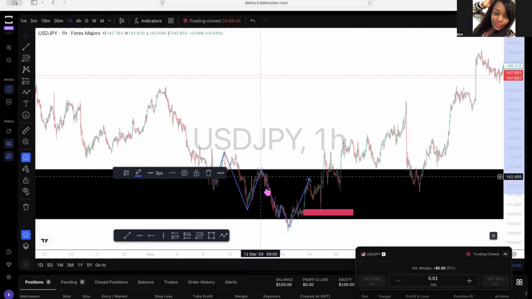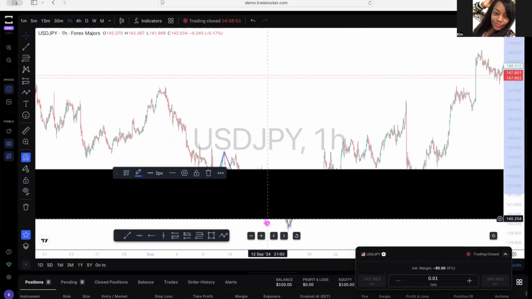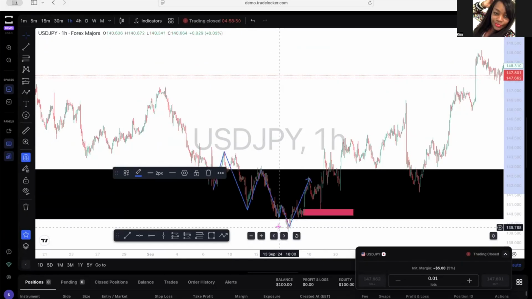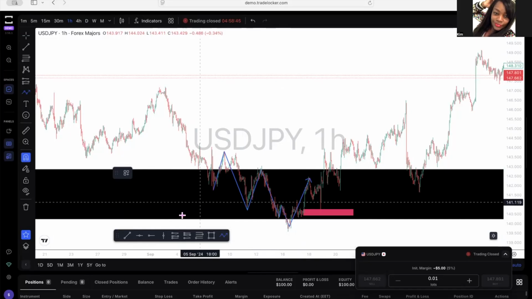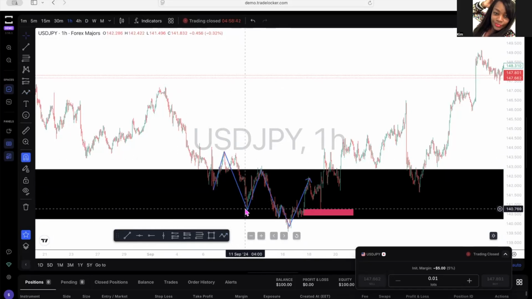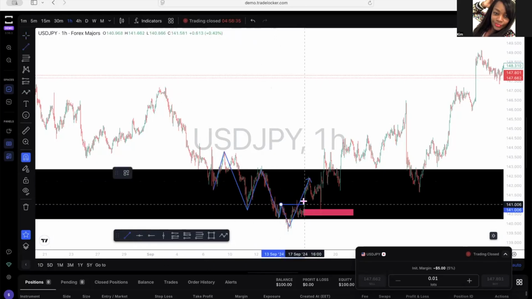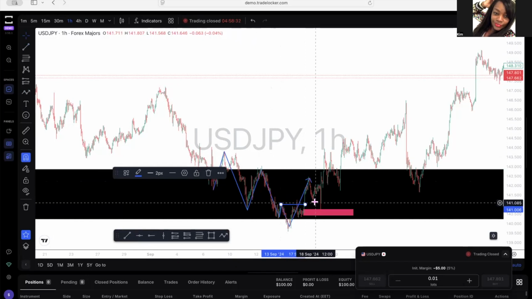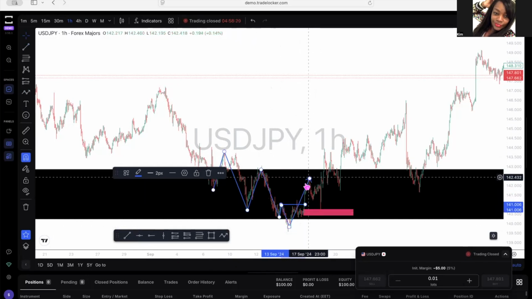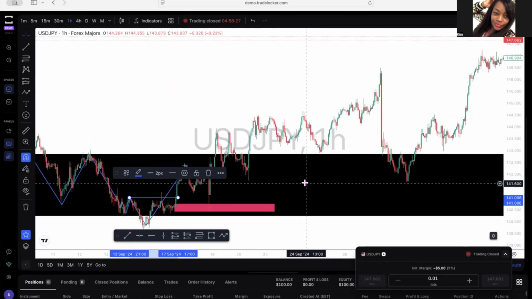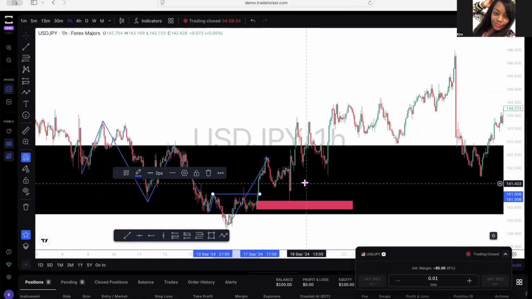So price came and took out that low, but then there was still structure, as you can see, there was still structure here. And then there was a shift in structure right here, right? So this move up was the shift in structure. Once you get the shift in structure, you look for your imbalance so you can trade.